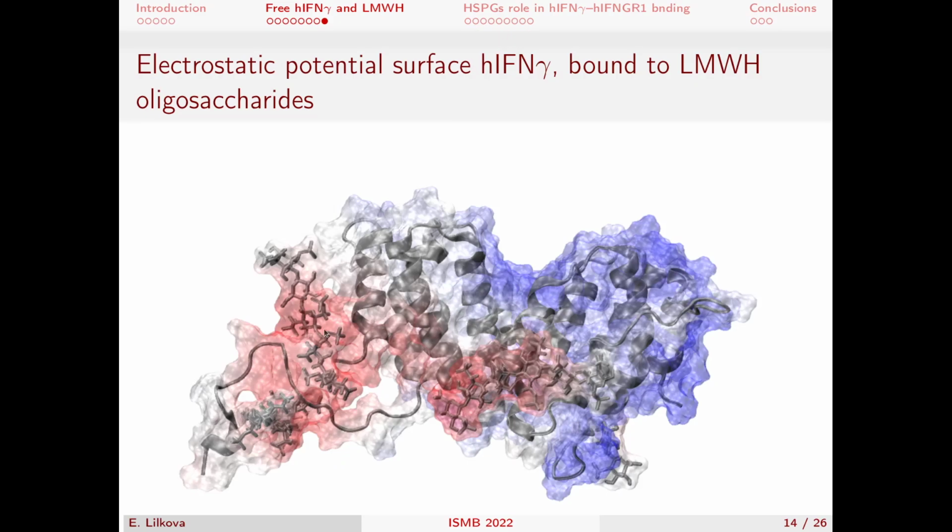Once we have all heparin chains attached to the cytokine, the whole electrostatic potential surface is deformed and reversed, and this complex no longer can interact electrostatically favorably with the negatively charged human interferon gamma receptors.